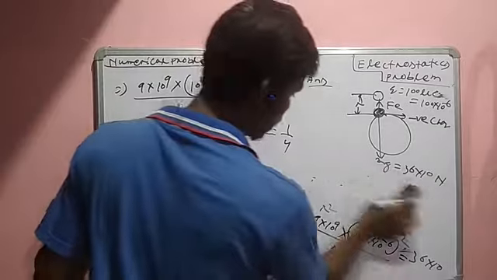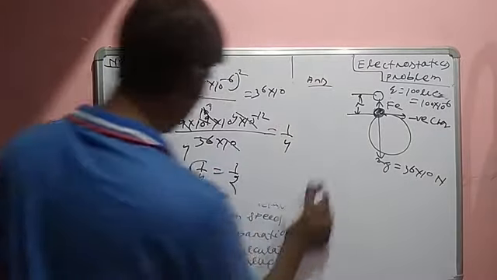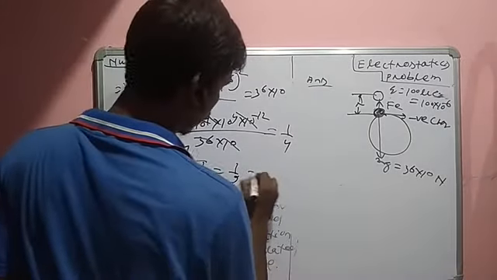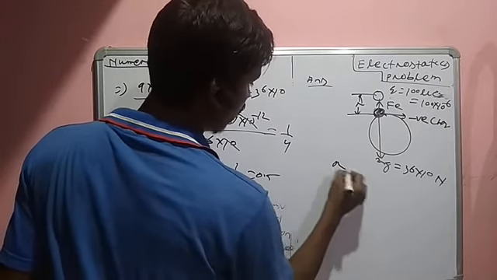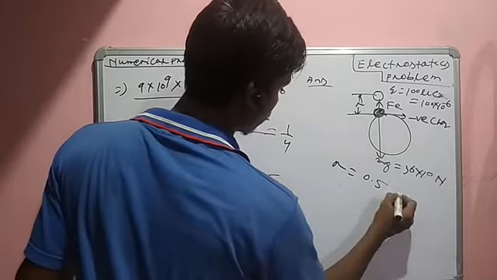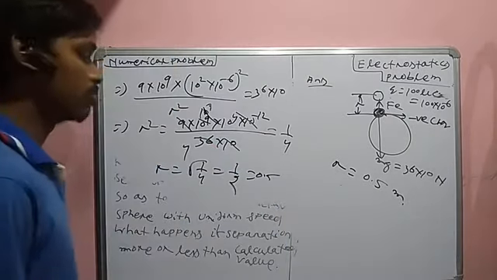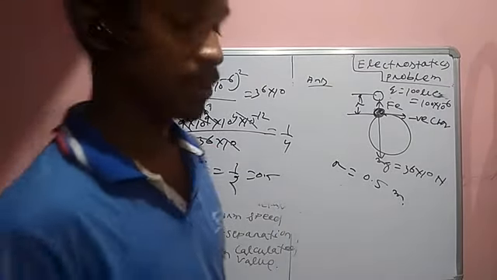So finally we get r is equal to 0.5 meter. The minimum distance is 0.5 meter.